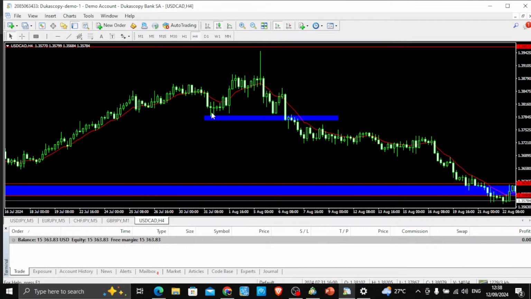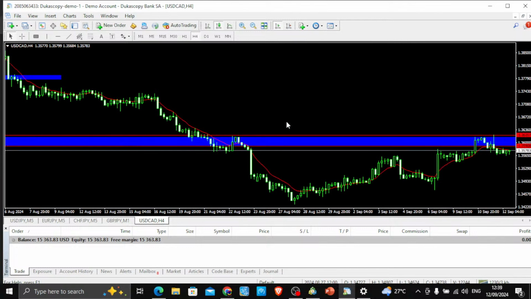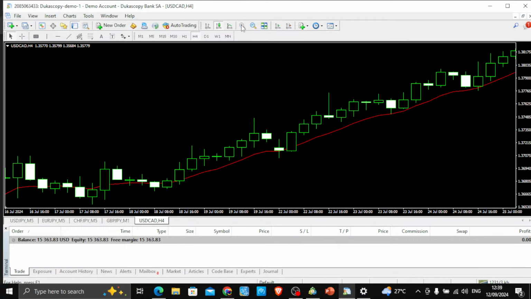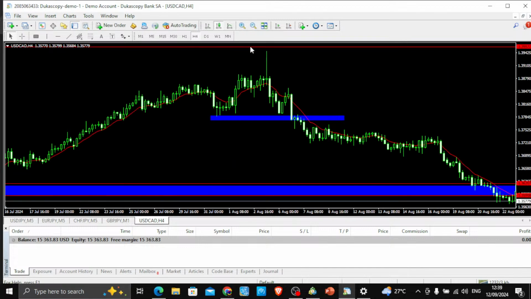On this 4 hours, it was moving up, came down and moved up again. Then it broke down a little. Let me zoom out a little. Look at this candle here.